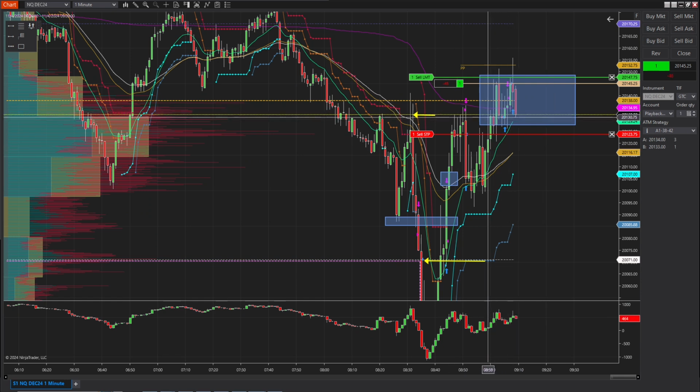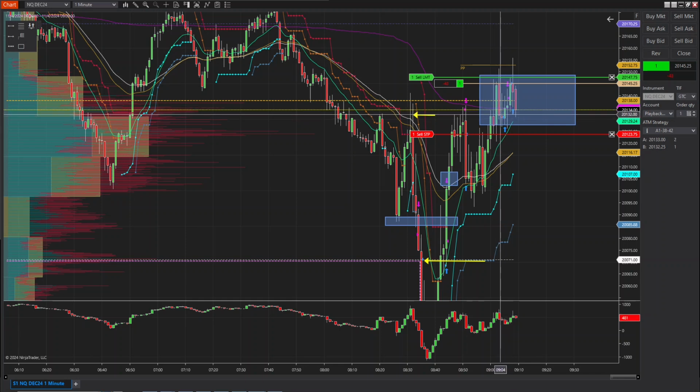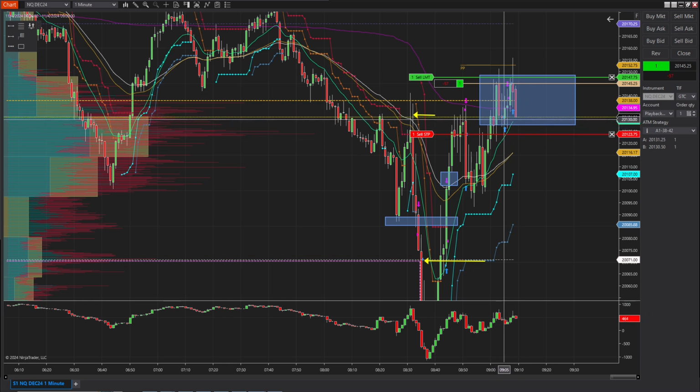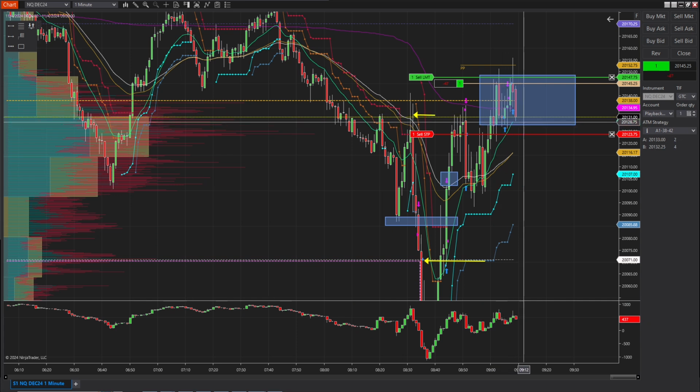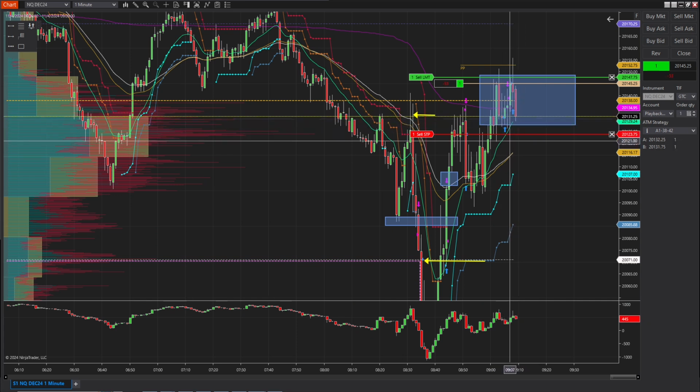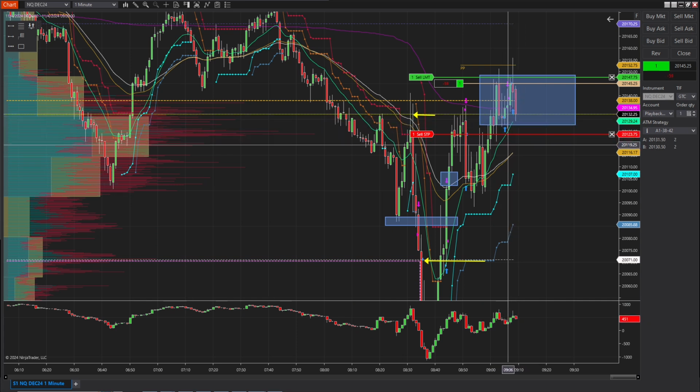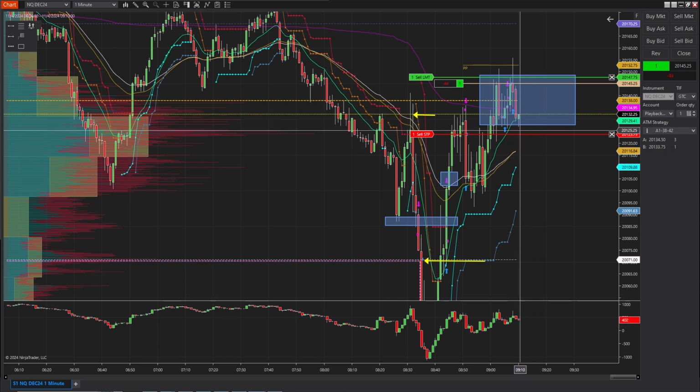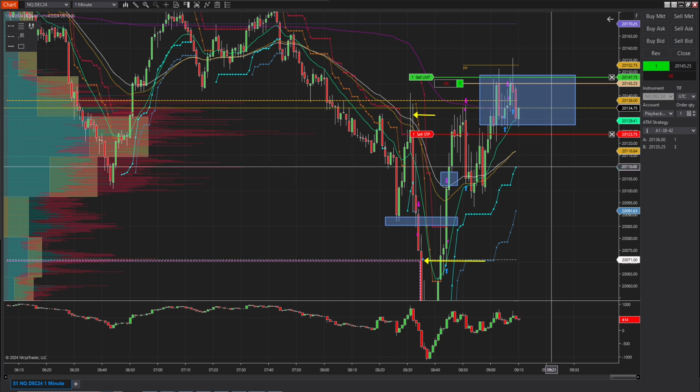So again, the good entry point was still this small bodied candle, and even if I give a little more room, my stop will not be too wide. If it's going to stop out, let it stop out.